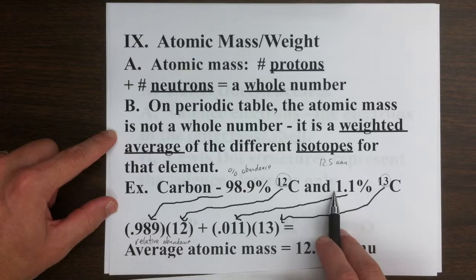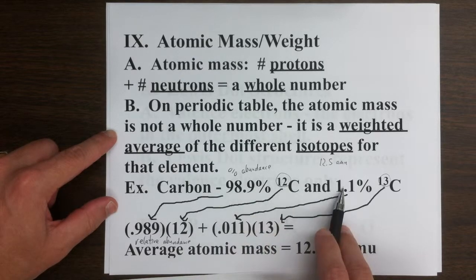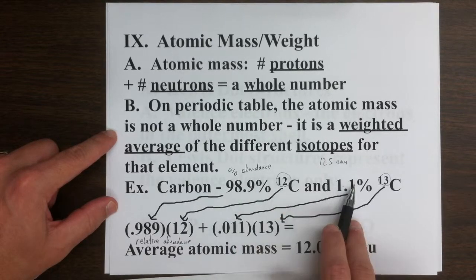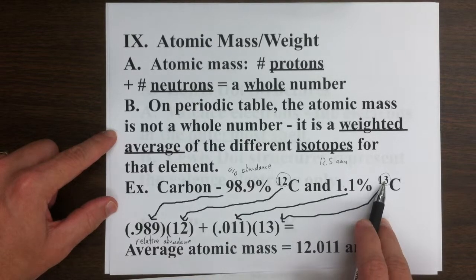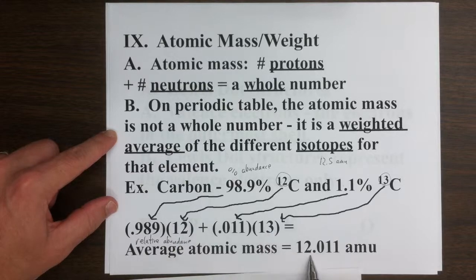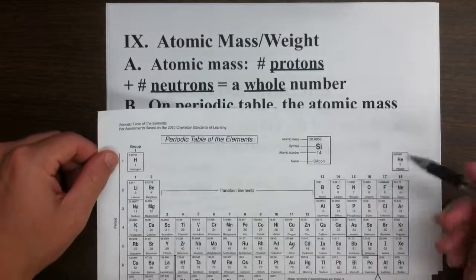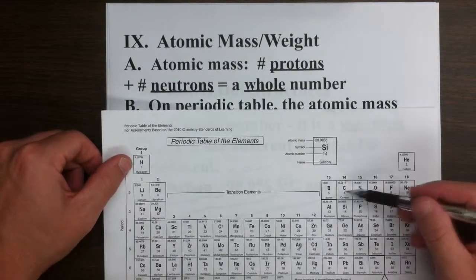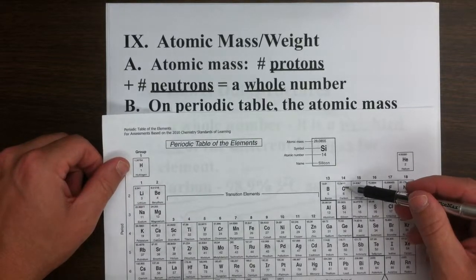If you only moved it 1, we would have what looked like 11%, and you can't add these two together and get 100. Right? The total percent of the atoms has to add up to 100. So we take our 0.011 relative abundance, multiply it by the mass of carbon-13, and when you do that, you get 12.011 AMU, and compare that to the number on the periodic table, which is 12.0111. So this number probably includes the very small percentage of carbon-14.